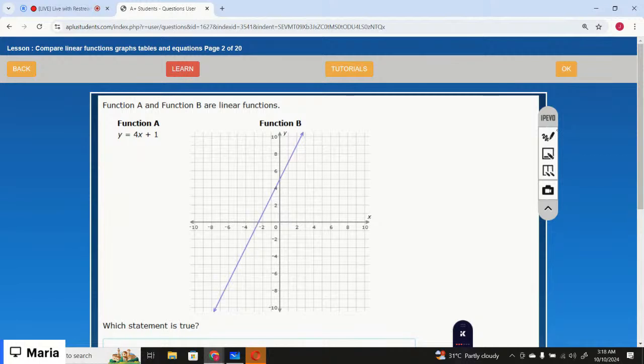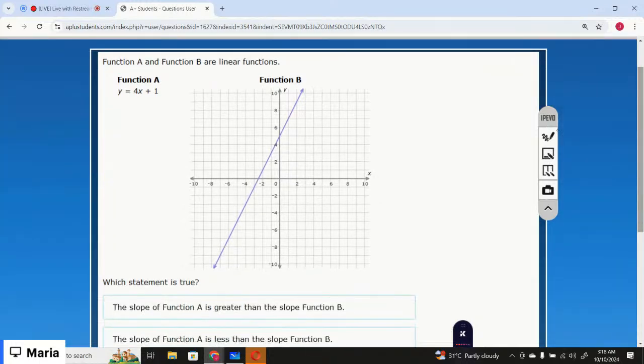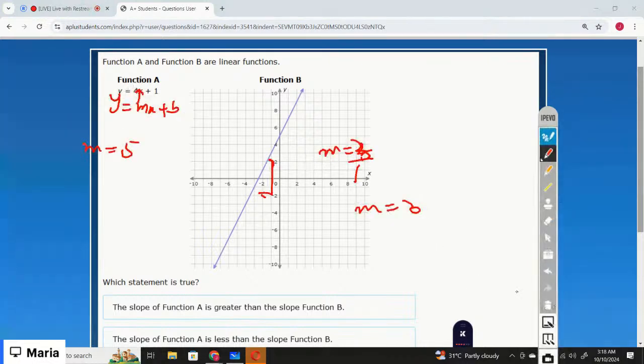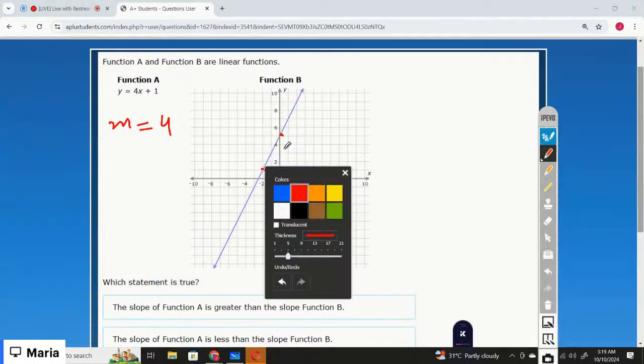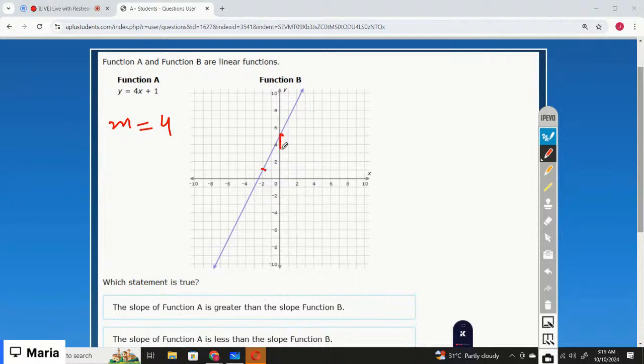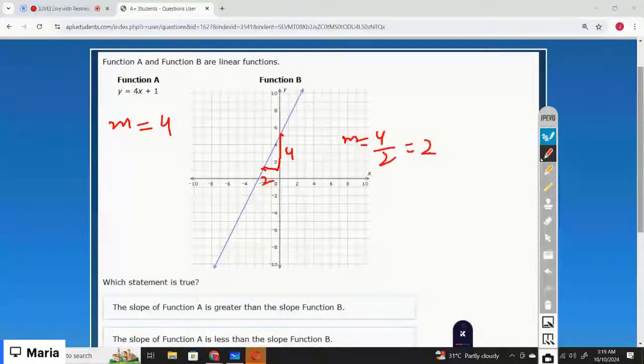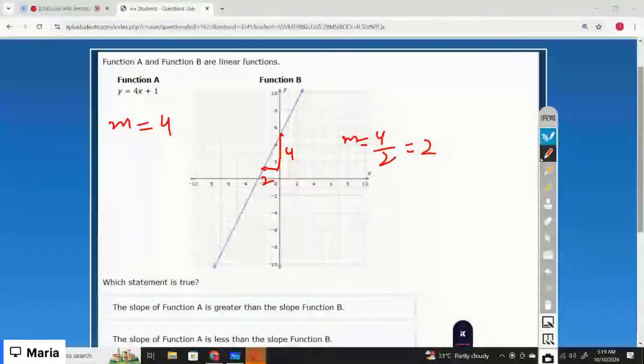Okay, function A and function B are linear functions. So again the slope, right? So function A has the slope m equals 4 and function B has a slope that is 2, change in y divided by change in x. So the slope of function A is greater than the slope of function B. Got it?